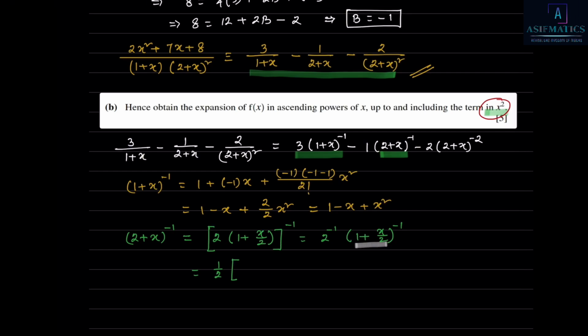So we can expand it as a binomial expansion. So what we can write here is 1 plus nx. So plus n is minus 1, x is x by 2, plus n into n minus 1 by factorial 2 into x by 2 whole square.